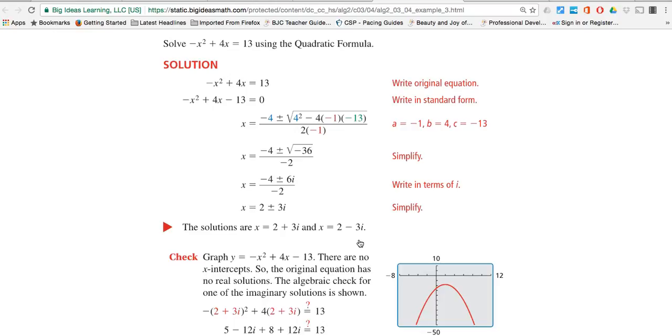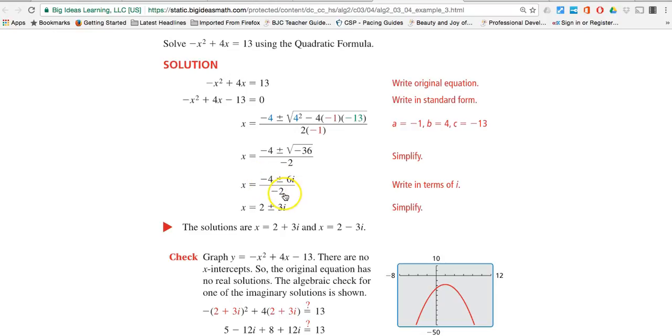The things that I want to point out again are right here when you have -4 plus or minus the root of -36. You have to take this negative out, and that gives you i, and you're left with the square root of +36, which gives you 6i. And right here, you can simplify this because both of the terms in your numerator are divisible by 2.